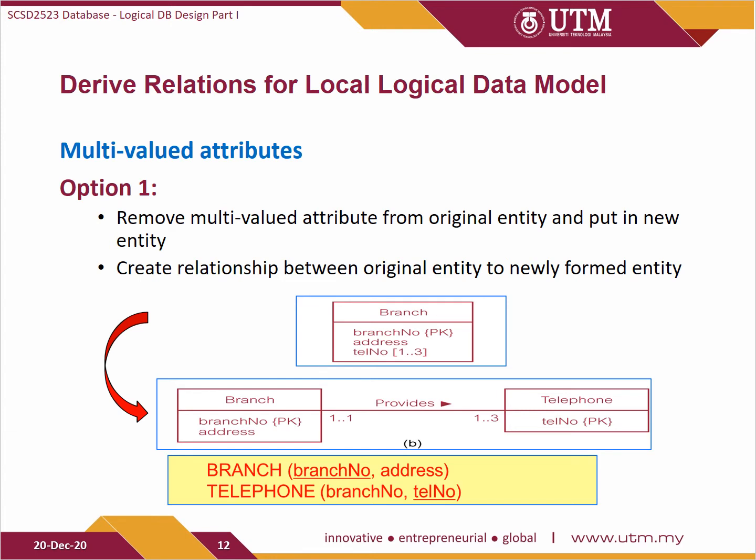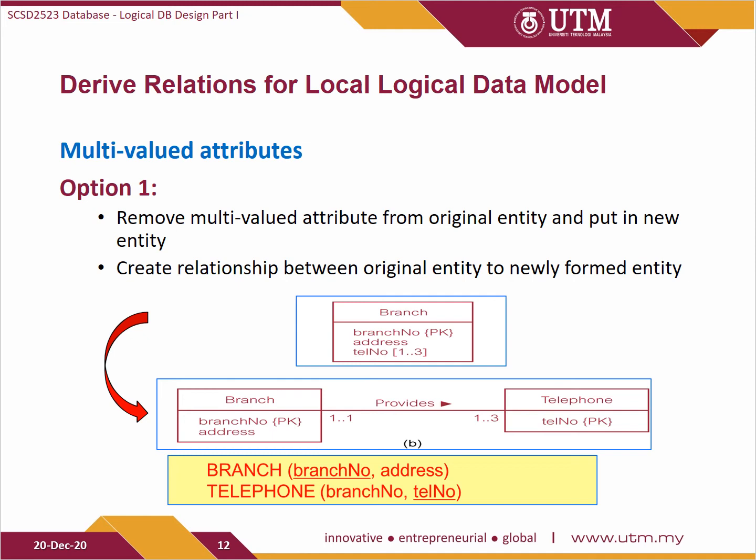Multi-value attributes. First, you need to remove the multi-value attributes from the original entity and put them into the new entity that you have created. Second, create a relationship between the original entity and the newly formed entity. Let's see the example here. We have the branch entity with the attributes of branch node, address, and tel node. From this branch entity, we can see that tel node is the multi-value attribute.